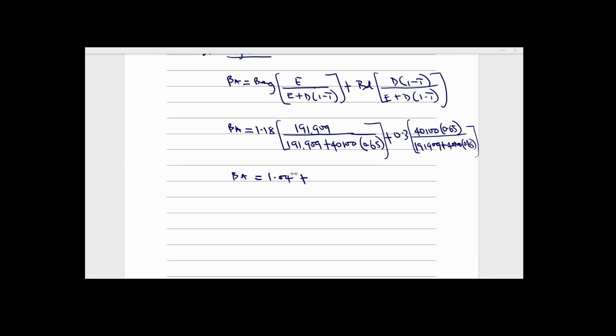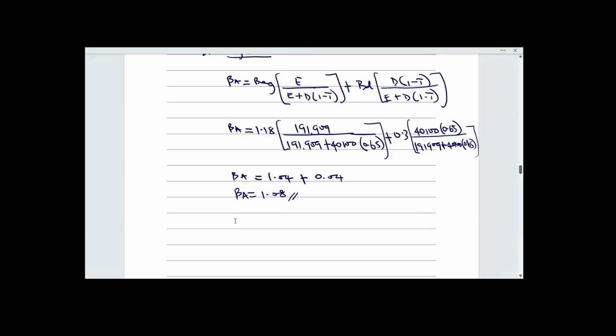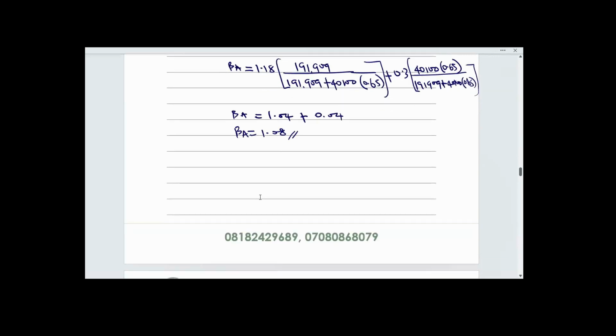That equals 0.04. When you add the two together, this gives us 1.08. So beta assets is 1.08. Please let me know from your end if the number is not correct.